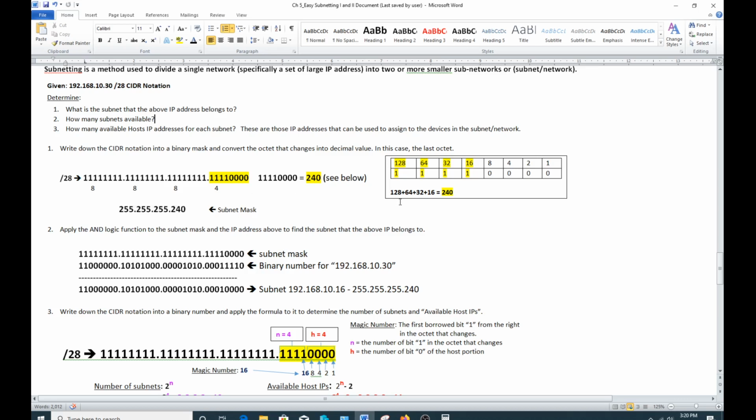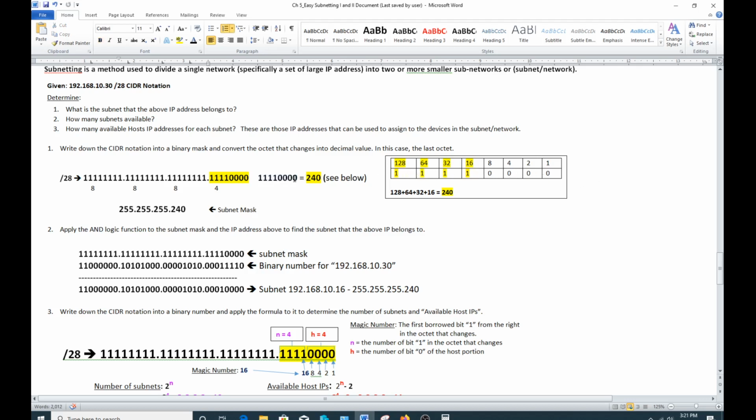Assuming that you don't know how to do the conversion, you can use the little bit table that I created. What I did, I created 8 boxes, and the first box is number 1, then 2, and double of 2 is 4, double of 4 is 8, double 8 is 16, double 16 is 32, until you get all the way to 128. Then you simply place the mask, or that binary number, underneath the table.